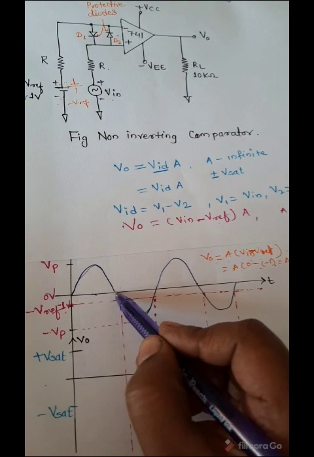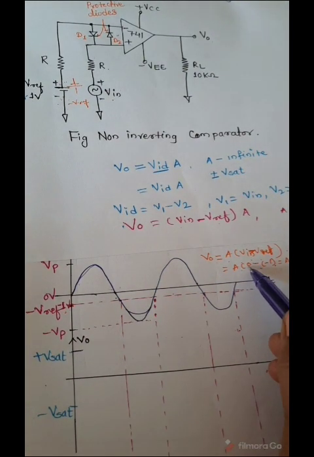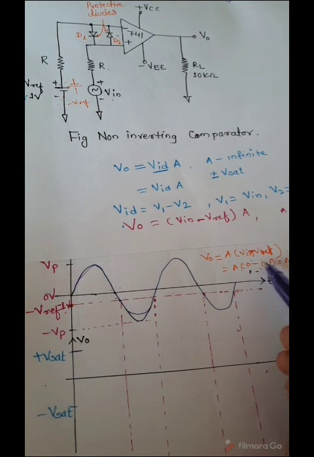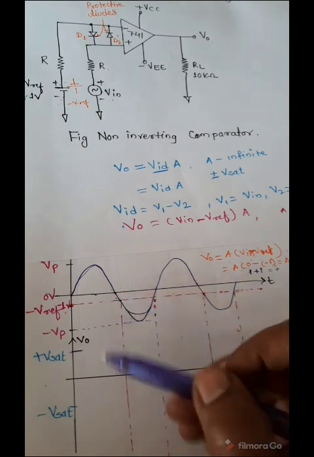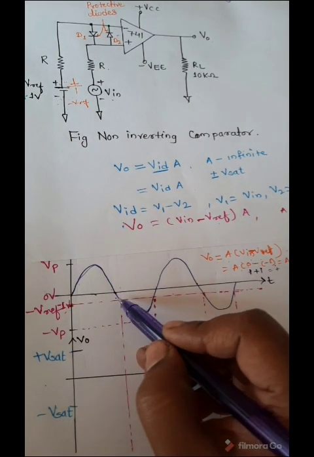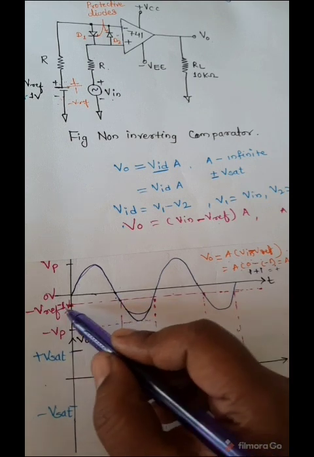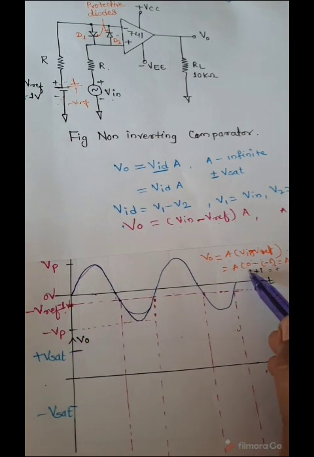Up to this point V in is positive. For any value, say V in is equal to 1, the minus minus becomes plus 1, so it is 1 plus 1, which again gives us positive. So up to this it is obvious that all the values are positive, and the output will remain at positive saturation.